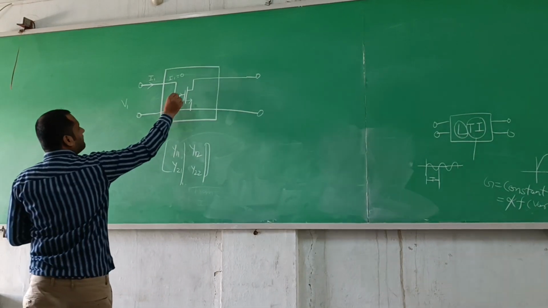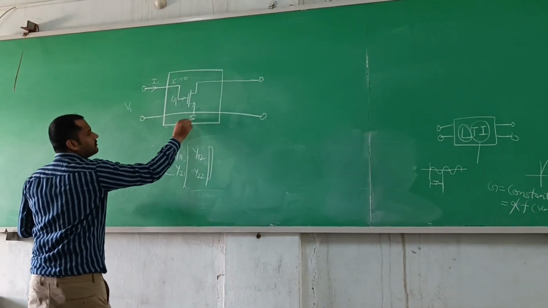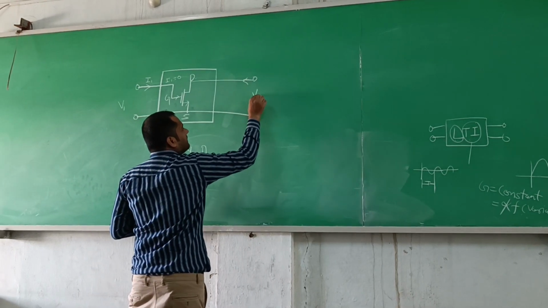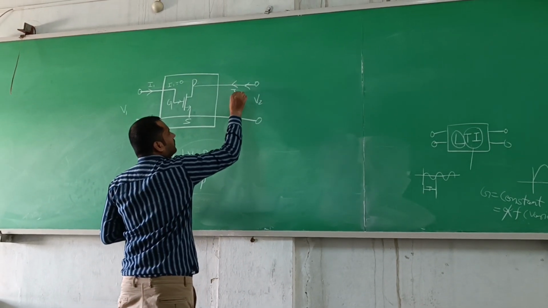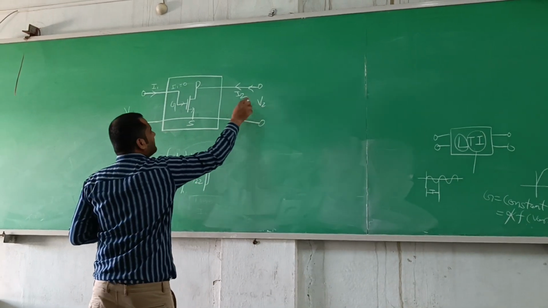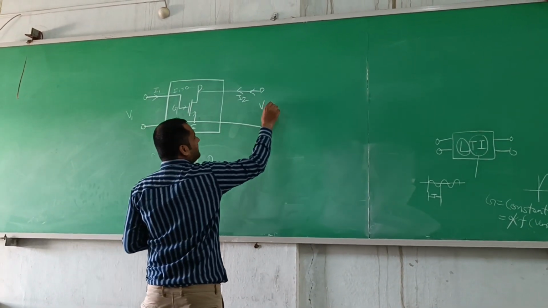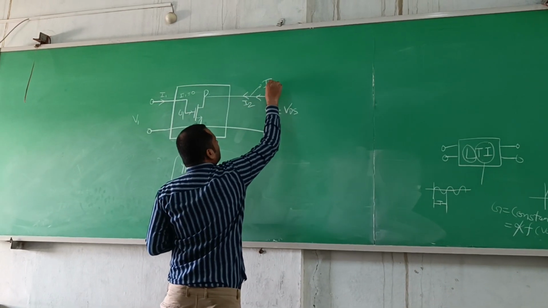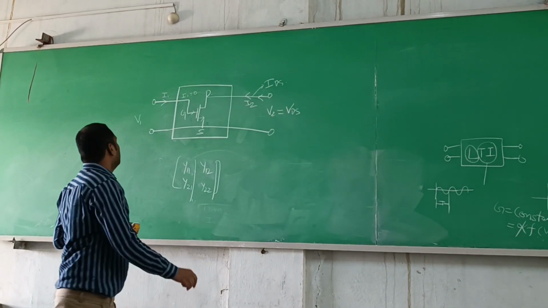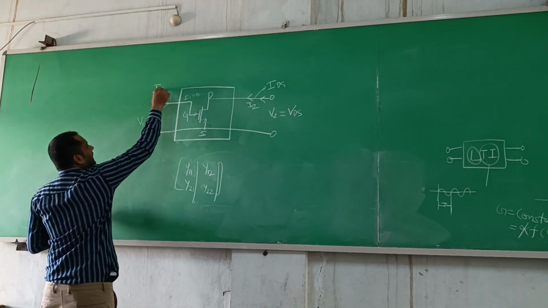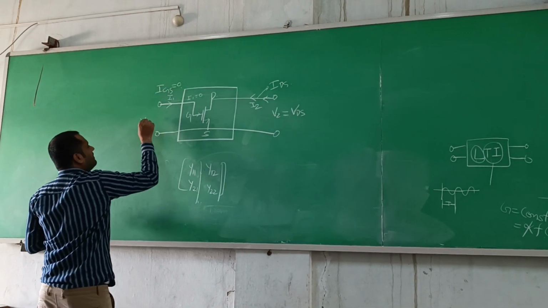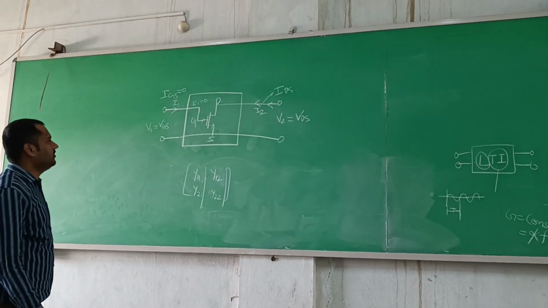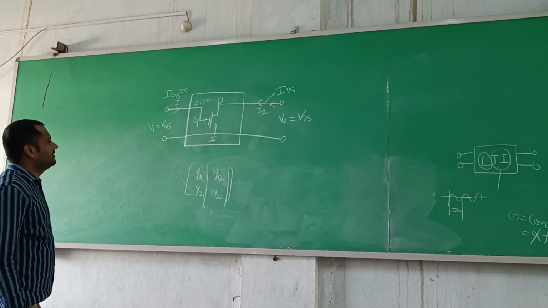Because this is our gate terminal, this is our source terminal, and this is our drain terminal. This is V2, I2. V2 is the voltage between drain and source, VDS, and I2 is IDS, and I1 is IGS, which is always 0, and V1 is VGS. Okay, this is clear.